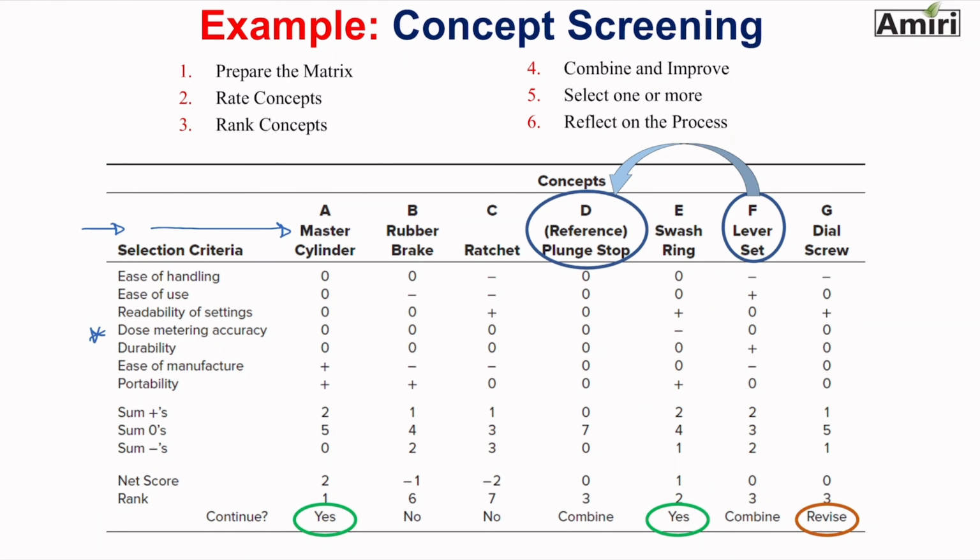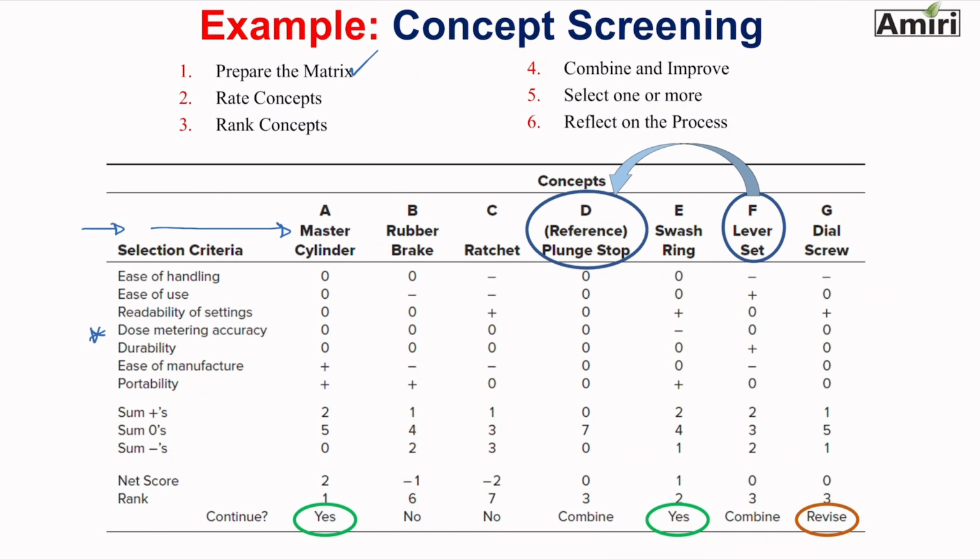You can select an industry standard as a reference. You can select a commercially available product, or you can even select an earlier generation of the product as a reference. So this depends on what you did in your benchmarking when you were doing QFD. That affects how your references are selected. So that's preparation of the matrix.